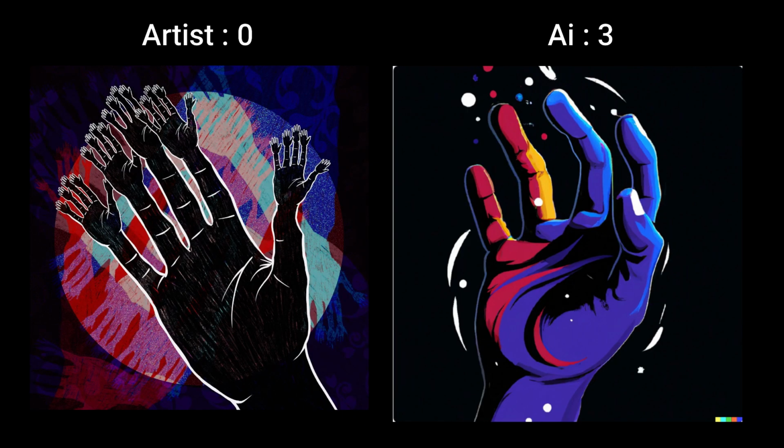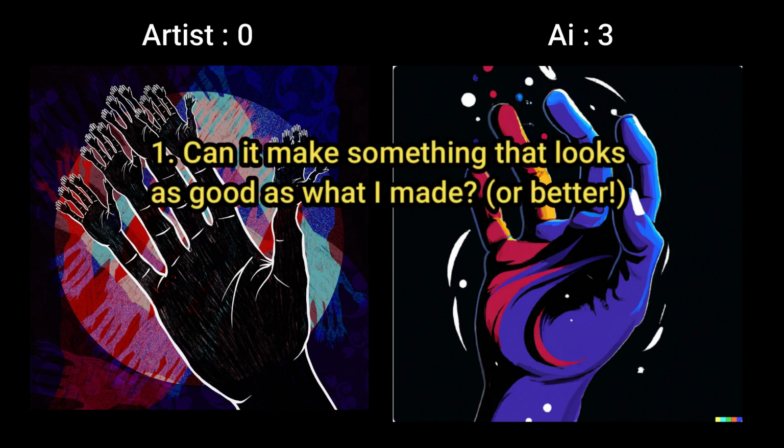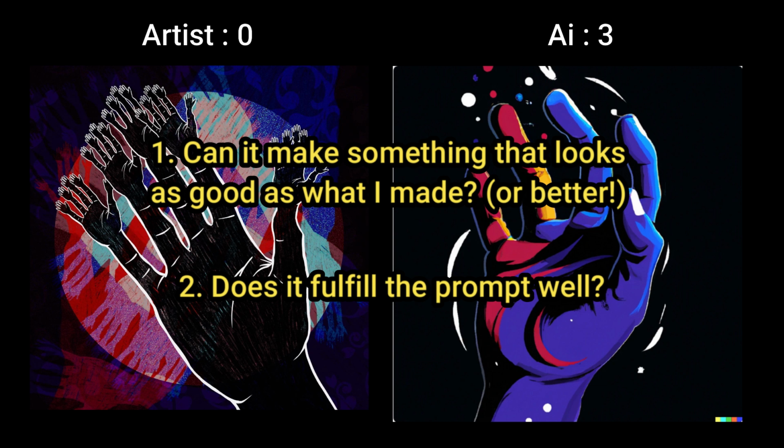So I will say, I know I've been very generous with the AI so far, and I've been giving it all of the points. I'm basically scoring it on the terms of, can it create something that I feel is as good as I could make? Do I feel like it captures the general creative vision that I had?